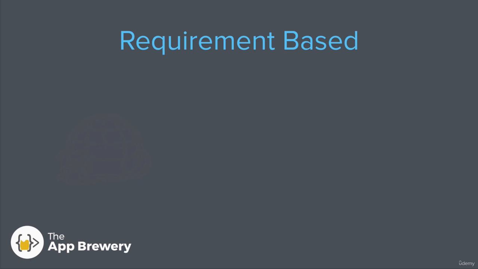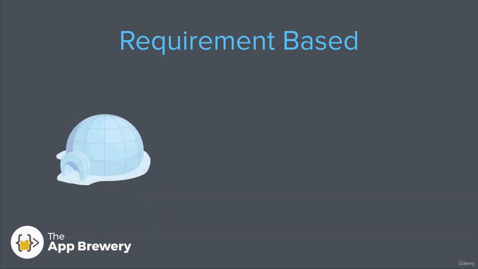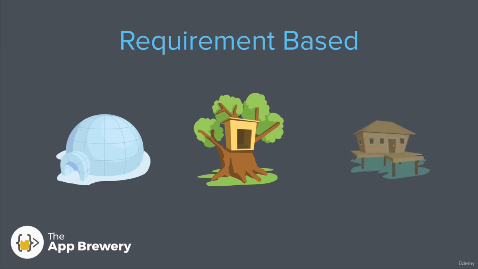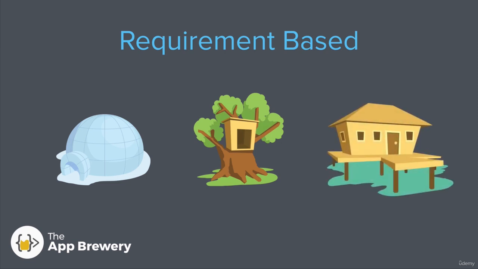So similar to architectural patterns for creating an igloo versus a tree house versus a house that needs to be on top of water, based on the different needs you have, you might use a different architectural pattern to build your house, right? Something that needs to be elevated in a tree is going to have very different architectural requirements versus something that needs to stand on a lake.